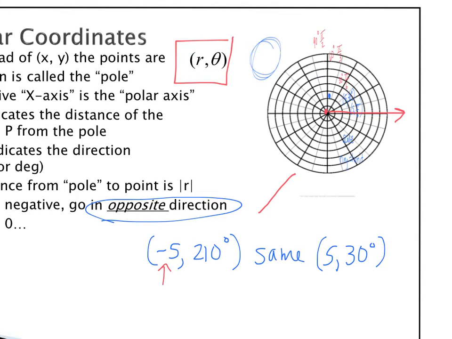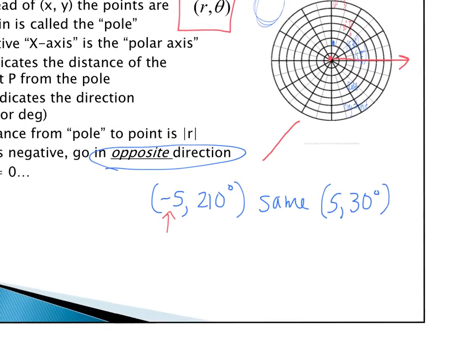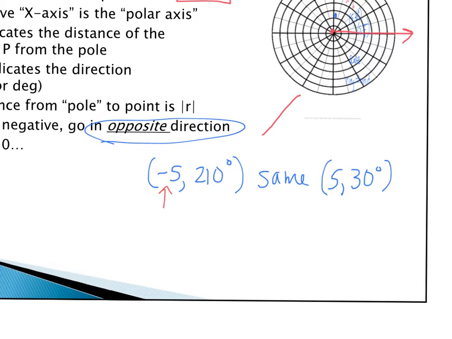So for this reason, whenever I have a point that happens to have a negative r value, I can rewrite it with a positive r value by simply adding or subtracting 180 or pi. So let's write that down.